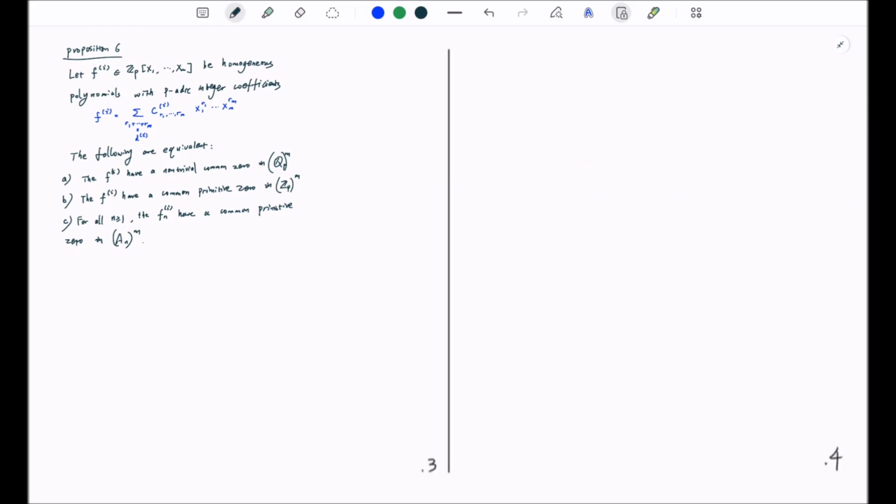And now let's see how B and C are equivalent, and then we are done. As you may have seen, the equivalence between B and C looks familiar to us because this is pretty much the statement of proposition 5.